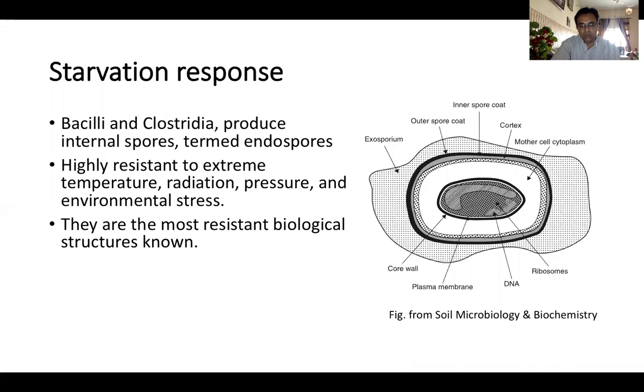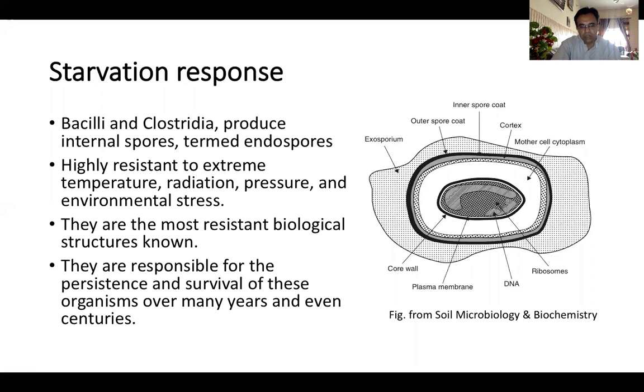They are the most resistant biological structures known. They are responsible for the persistence and survival of bacteria for many years, and they regain their growth when the normal conditions are on.